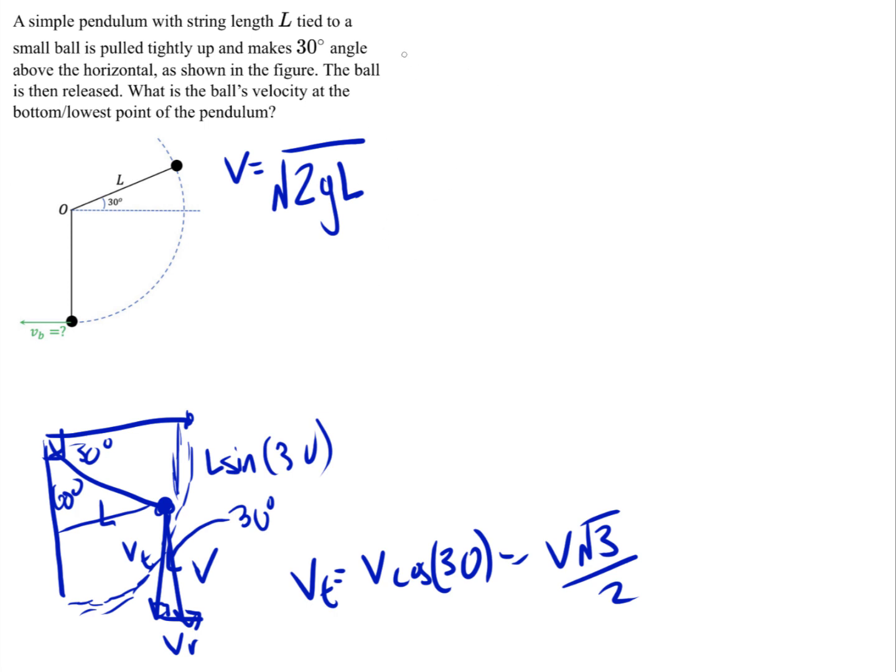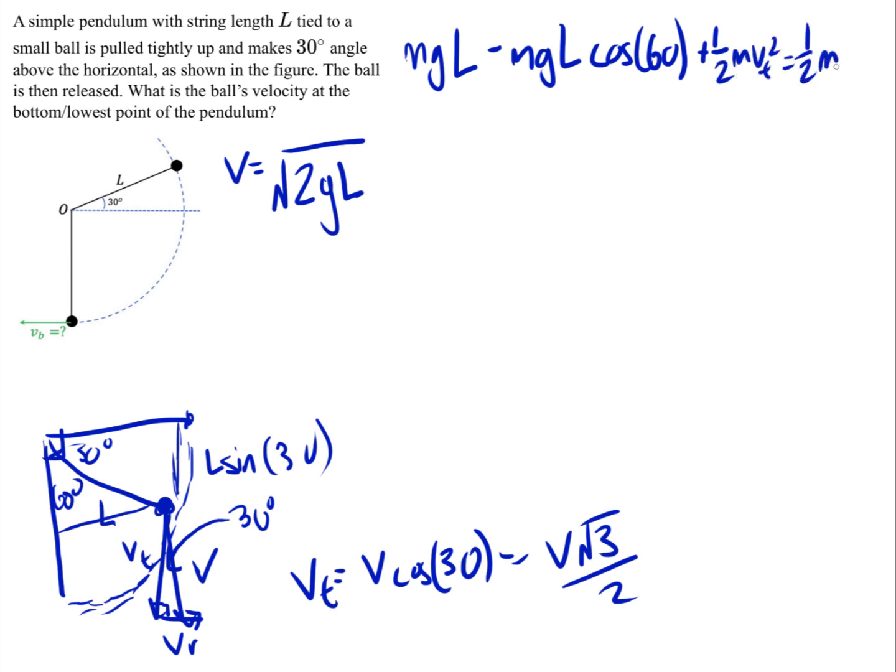I'm going to rewrite this a little smaller. mgL minus mgL times the cosine of 60 degrees plus 1/2 m v_t squared is equal to 1/2 m v_b squared. In this case, this is the kinetic energy at the bottom, and v_b is representing the velocity at the bottom.